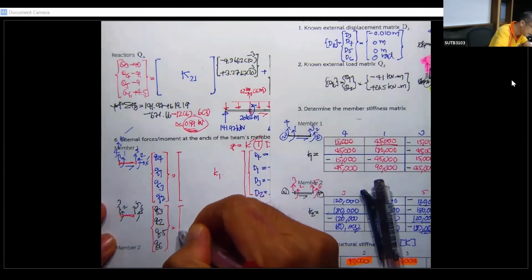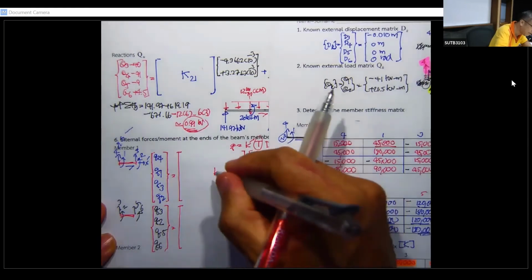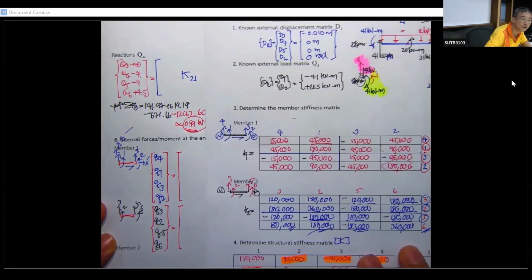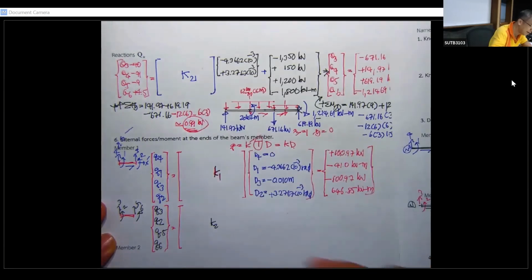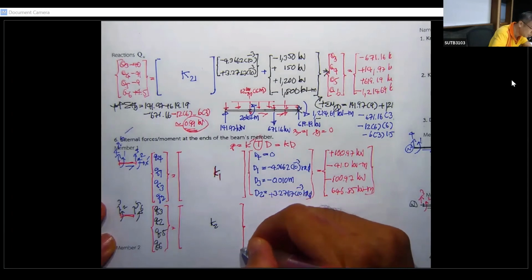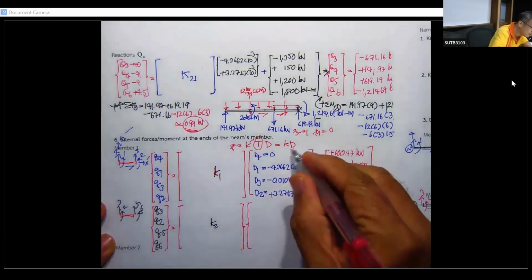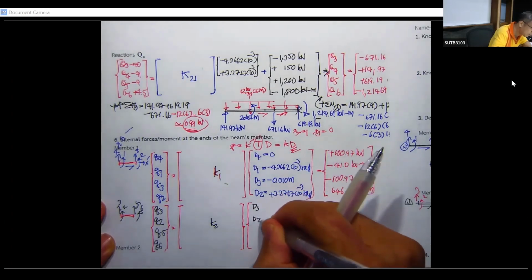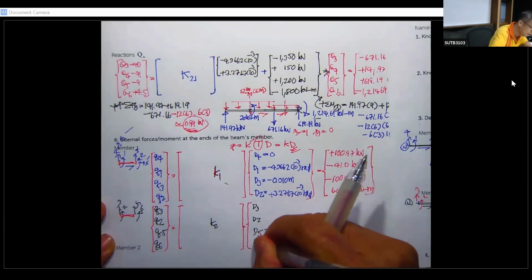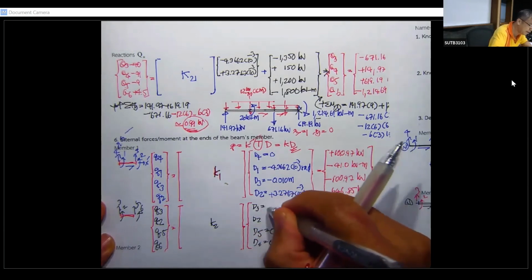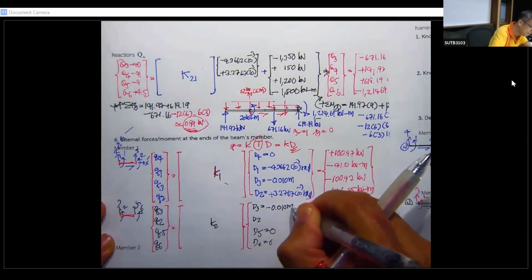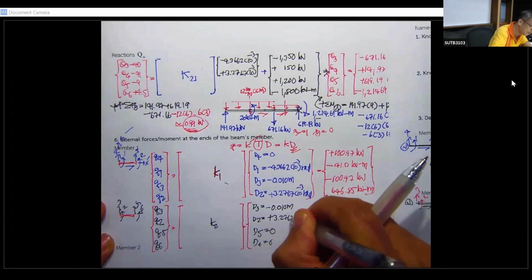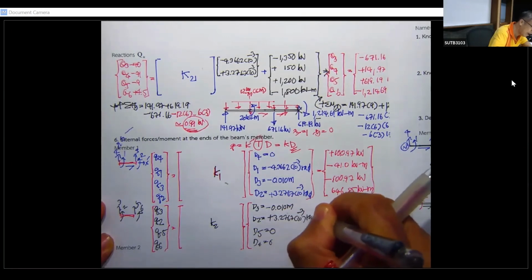You put this one for K1, and you copy this K2 into this one. Then the matrix is D3, D2, D5, D6. D5 is 0, D6 is 0, D3 is minus 0.010 meter, and D2 is plus 3.2767 times 10 to the minus 3 radian.